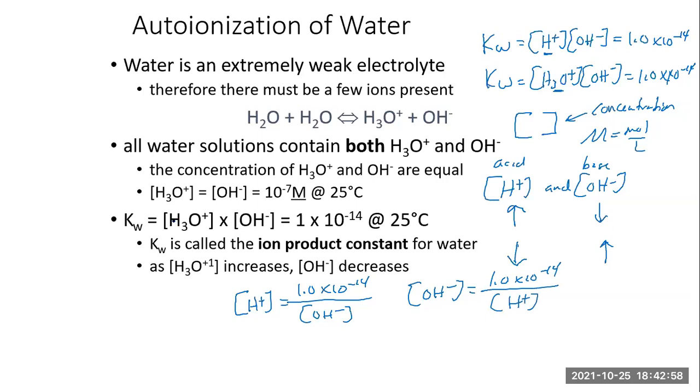Very, very, very important here is our calculator in this chapter. And a reminder that if you're going to push into your calculator 1 times 10 to the minus 14, you want to make sure that you use your exponent button here. And also want to make sure that you use your negative button.